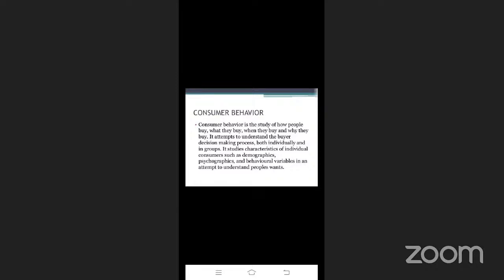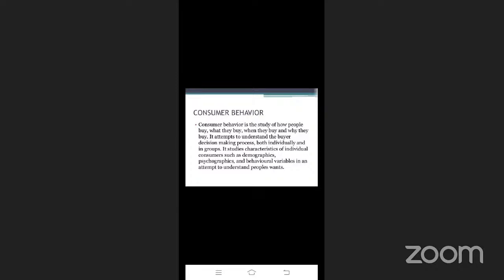The definition is: consumer behavior is the process whereby individuals decide whether, what, when, where, how, and from whom to purchase goods and services. It emerged in the 1940s and 50s as a distinct subdiscipline in the marketing area.